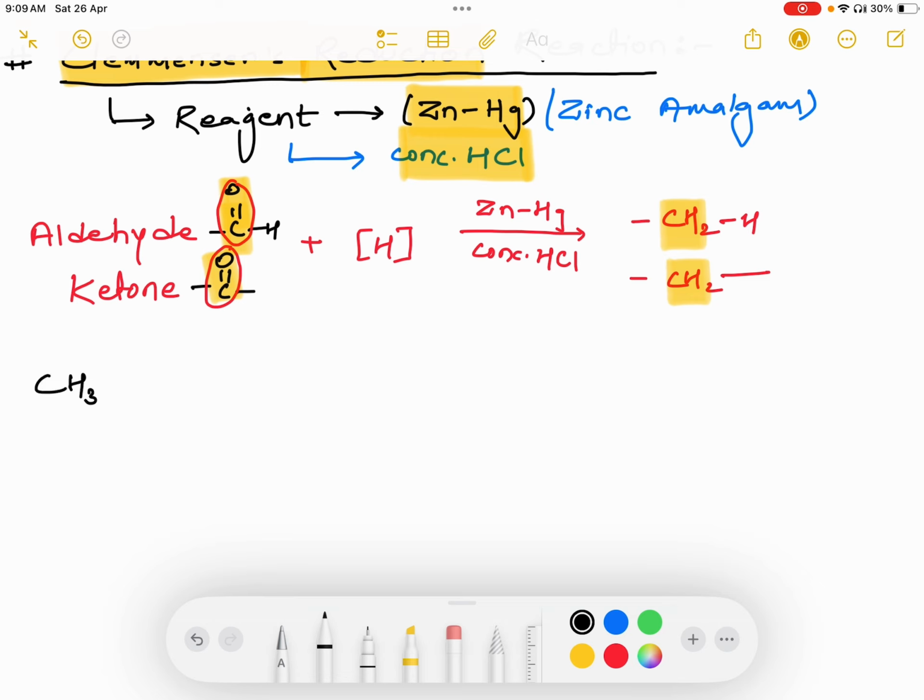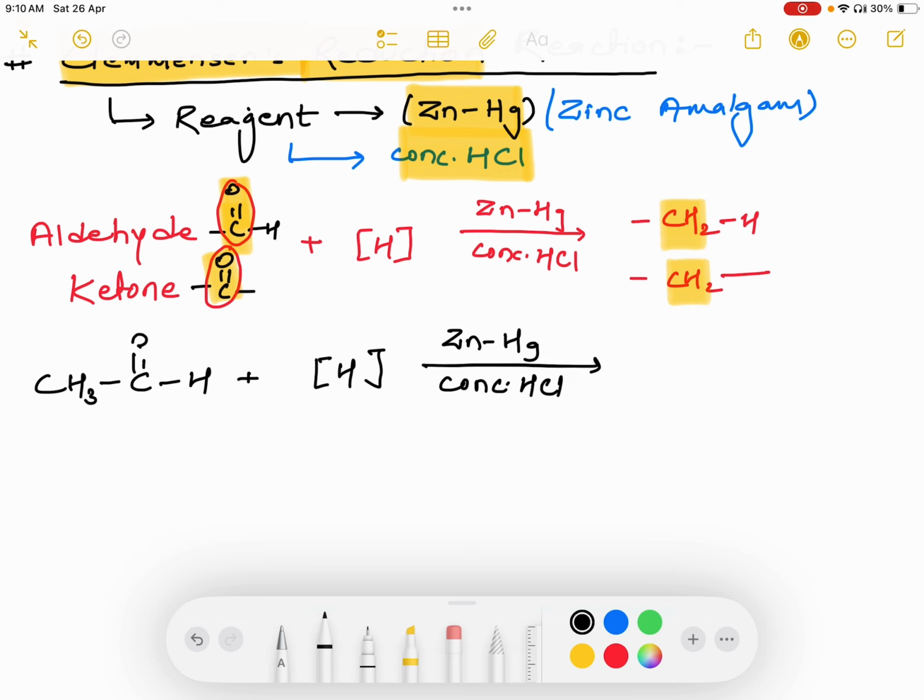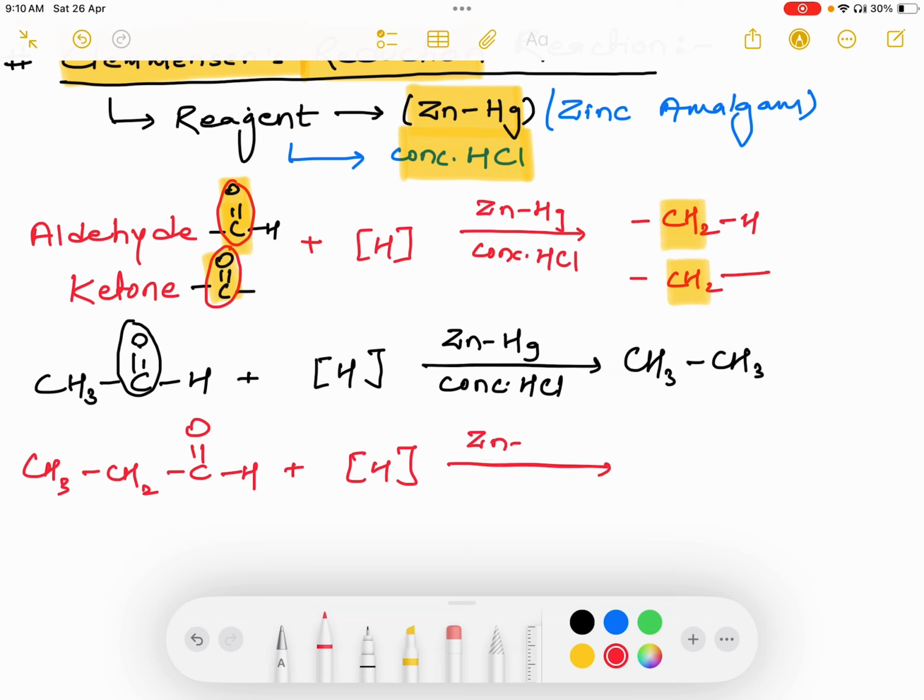Next, I have CH3 C double bond O H, and let me again reduce it in the presence of ZnHg and conc HCl. What will again happen? The C double bond O group will be removed and it will give CH3 CH3. Next, I have CH3 CH2 C double bond OH, treating it in the presence of ZnHg and conc HCl.